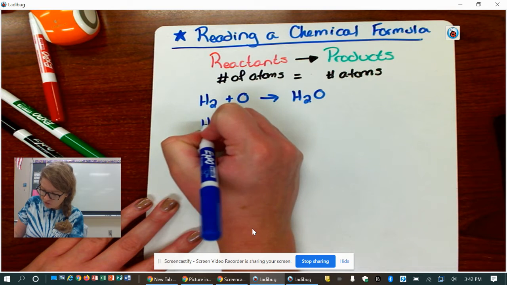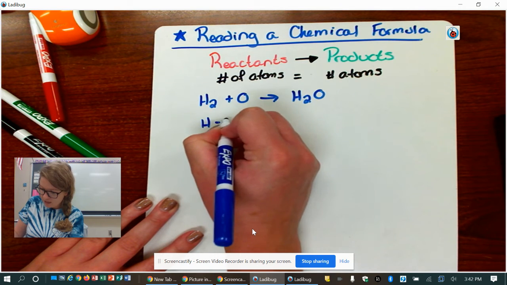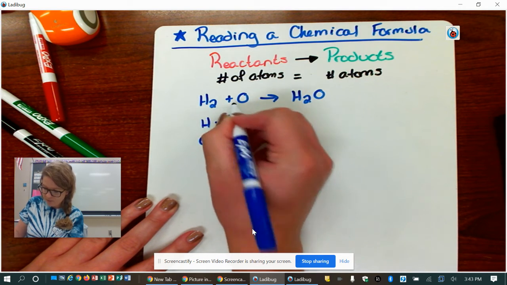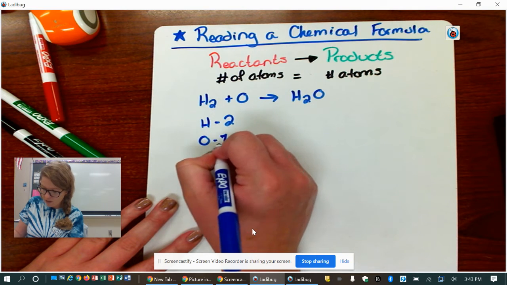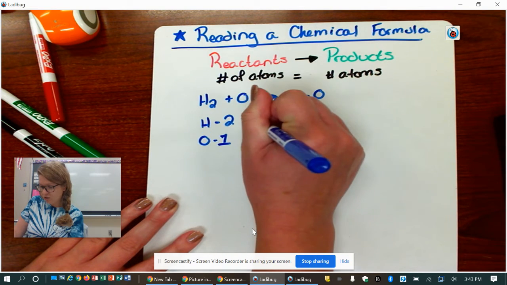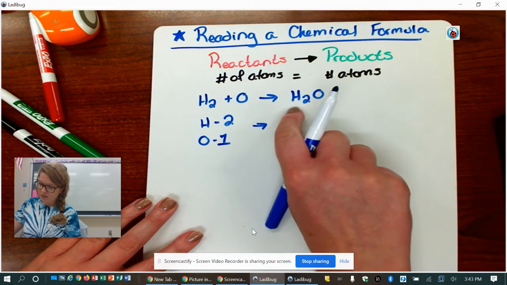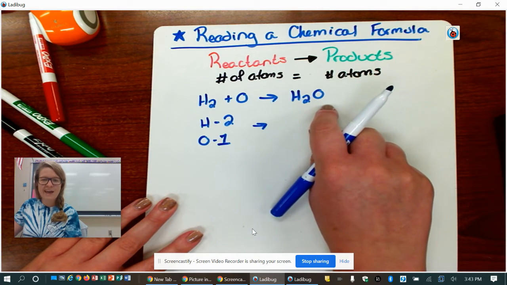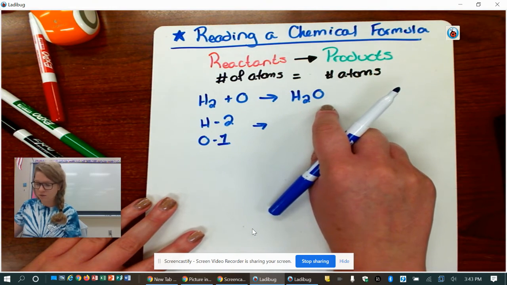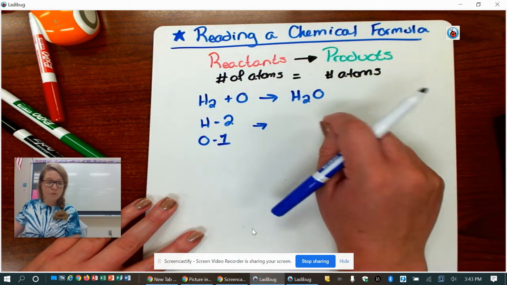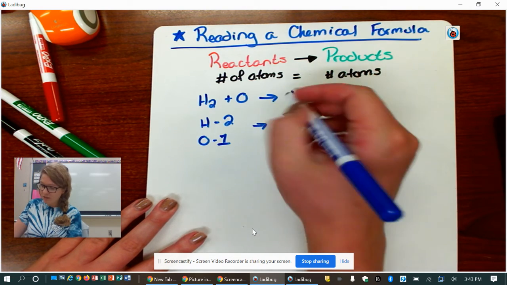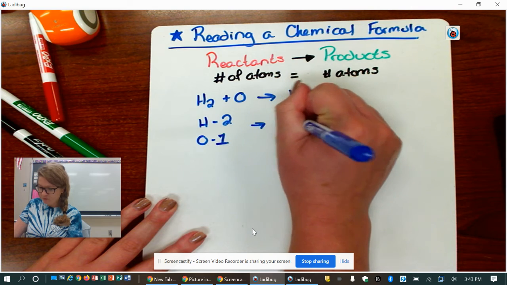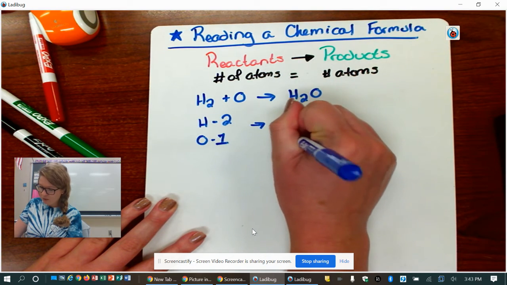So I have hydrogens and I have oxygens. I have 2 hydrogens and I have 1 oxygen. Now let's check our other side. Even though it's a molecule, we're counting atoms now. We're not counting molecules. We're counting individual atoms when we are looking to see if it's balanced. So I look here, I have 2 hydrogens and I have 1 oxygen.